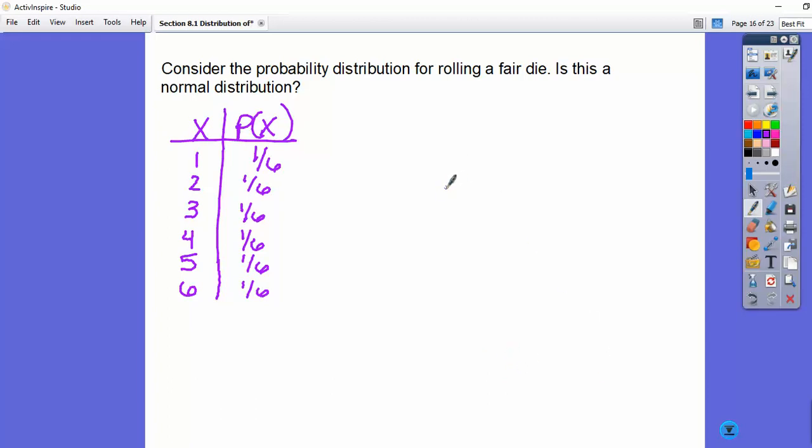Let's graph this to decide if it's normal. If it's normal, what should the graph look like? Bell shape. The bell shape. Okay.